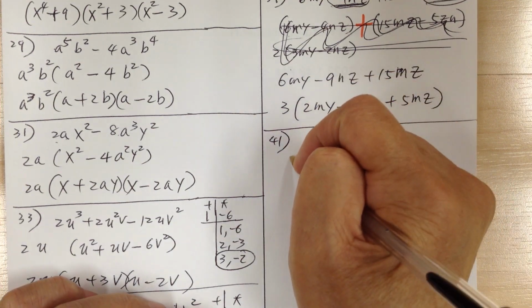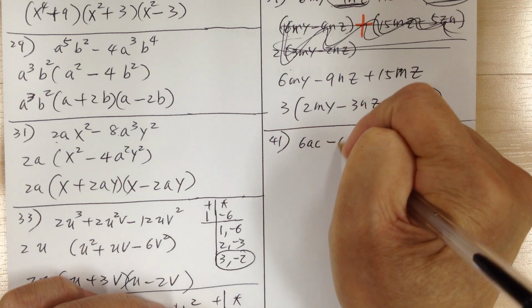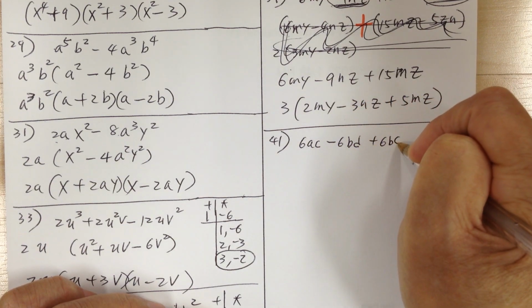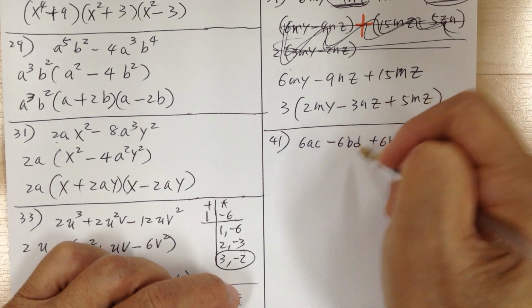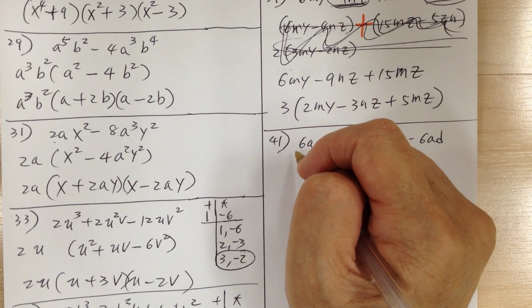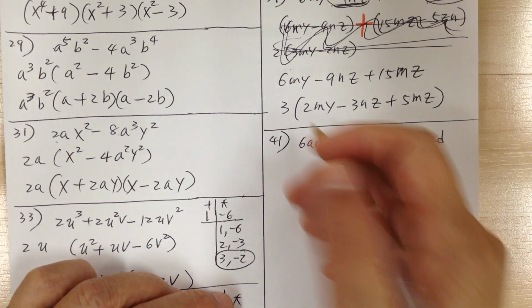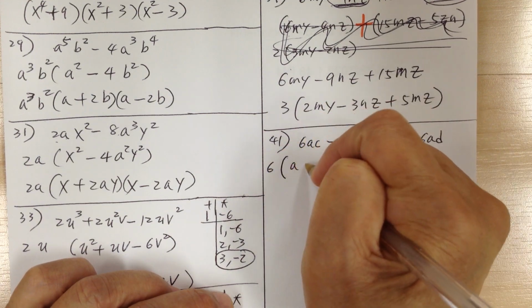Okay, number 41. You got 6ac minus 6bd plus 6bc minus 6ad. So let's go ahead. Step 1, common factor, always 6, right? So make sure you do step 1 before you jump into other steps.